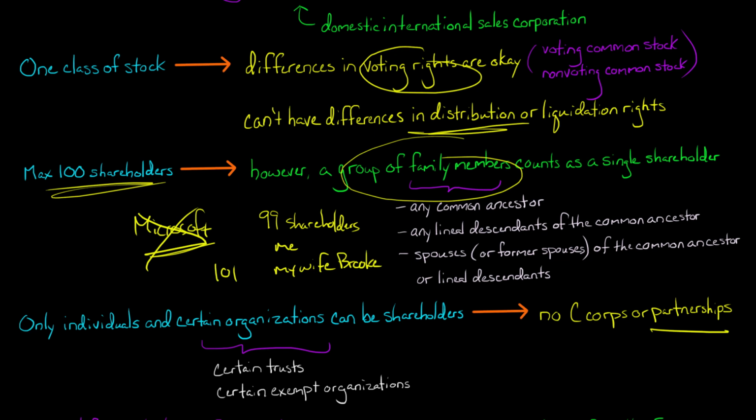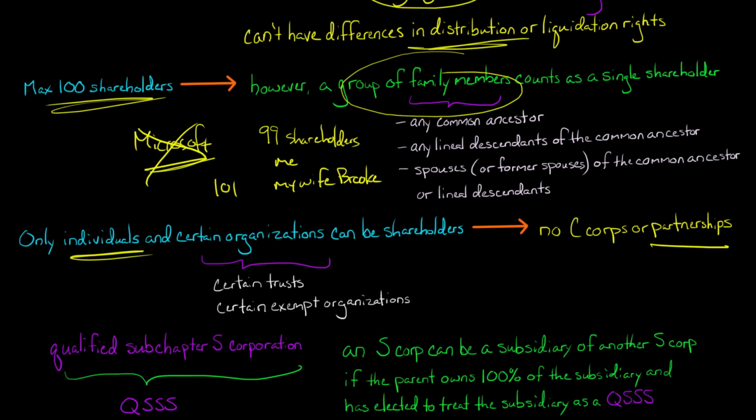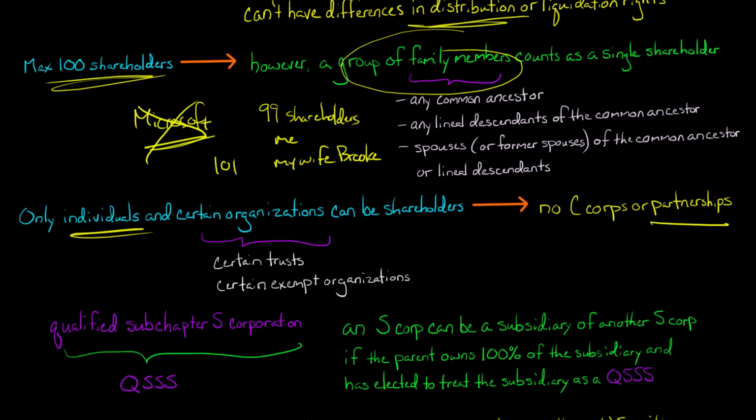Obviously individuals can be shareholders, but it's not just individuals. There are certain organizations, certain trusts, and exempt entities that in some cases can be shareholders of an S corp. But not C corps, not partnerships, and there is even a thing called a qualified subchapter S subsidiary, or QSSS, and maybe I'll make a separate video on this, where an S corp is actually a subsidiary of another S corp.